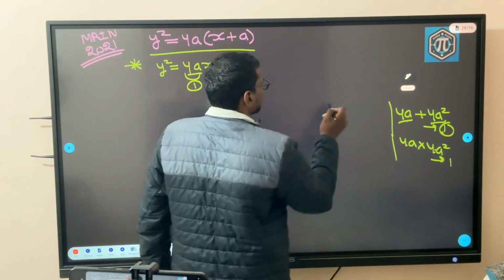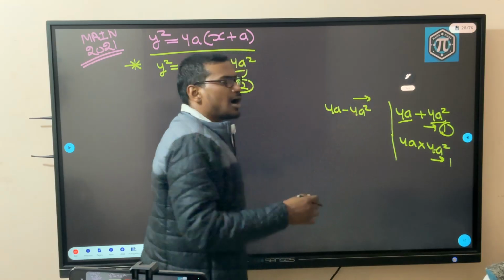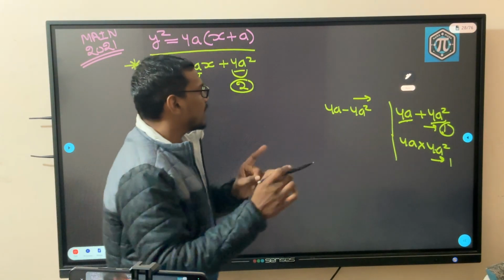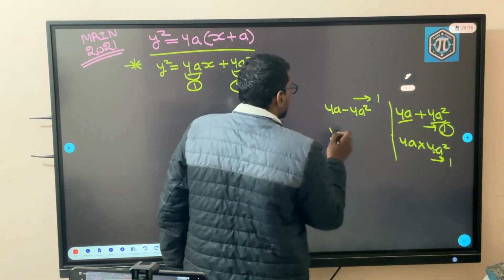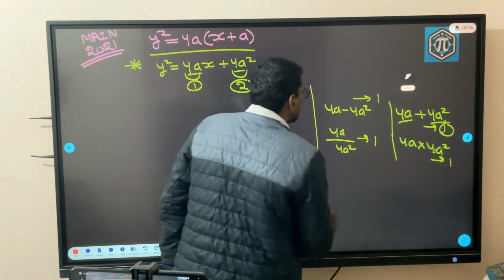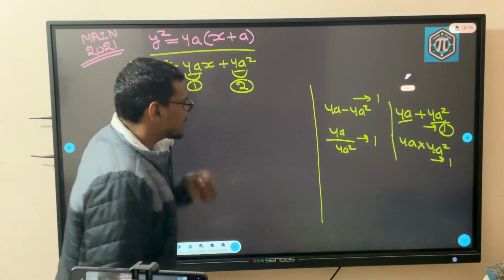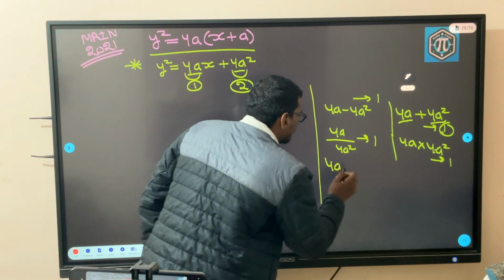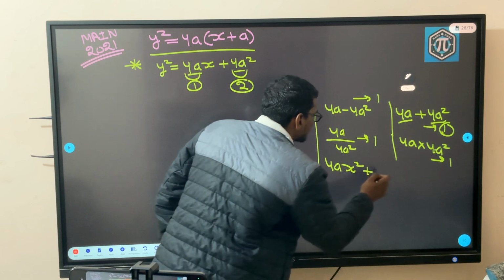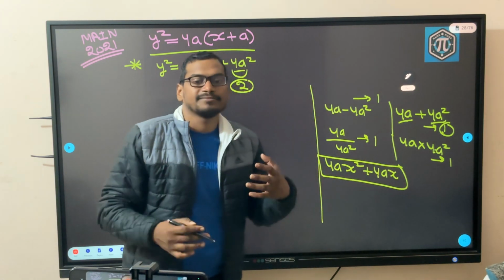Similarly, if 4a minus 4a square, then how many will you count? Again you will count 1 only. 4a divided by 4a square, then also you will count 1. But sir, here why are we counting 2? See here, if it is 4ax square plus 4ax, then think logically, beta.